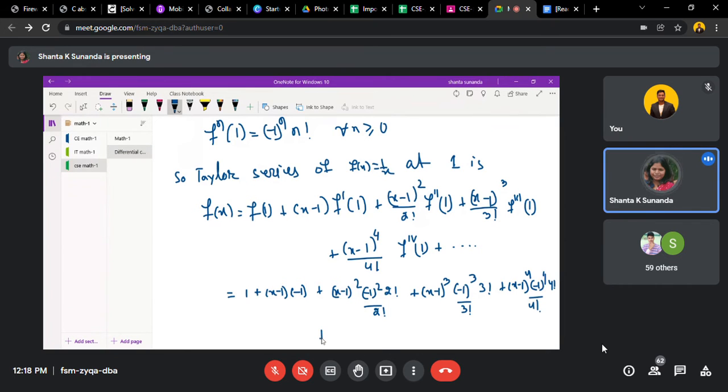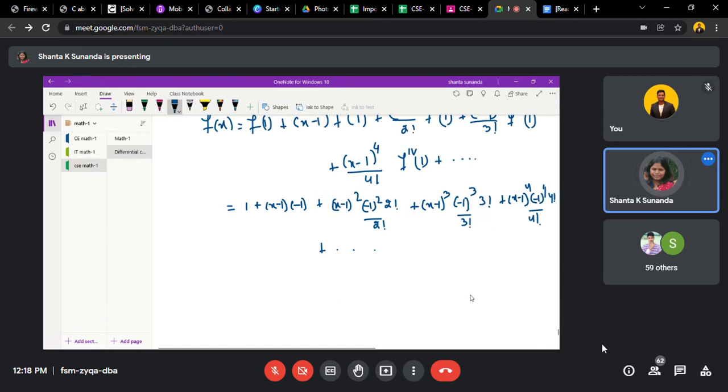Now you can see what the situation is. These things will get cancelled out and we are left with only 1, minus 1 times x minus 1, x minus 1 whole square, whole cube. I will try to write it in a series form.